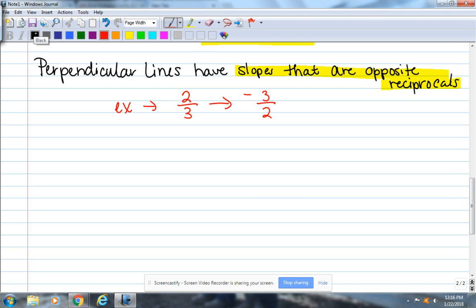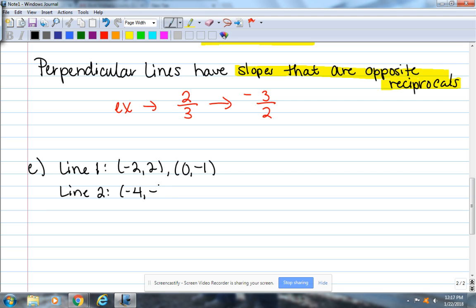So what they're going to ask us to do in these problems, I believe this is example E, is they are going to tell us the coordinates for two lines. Line 1, for example, they're going to have negative 2, 2, and negative 1. And for line 2, they're going to give us the coordinates negative 4, negative 1, and 2, 3.